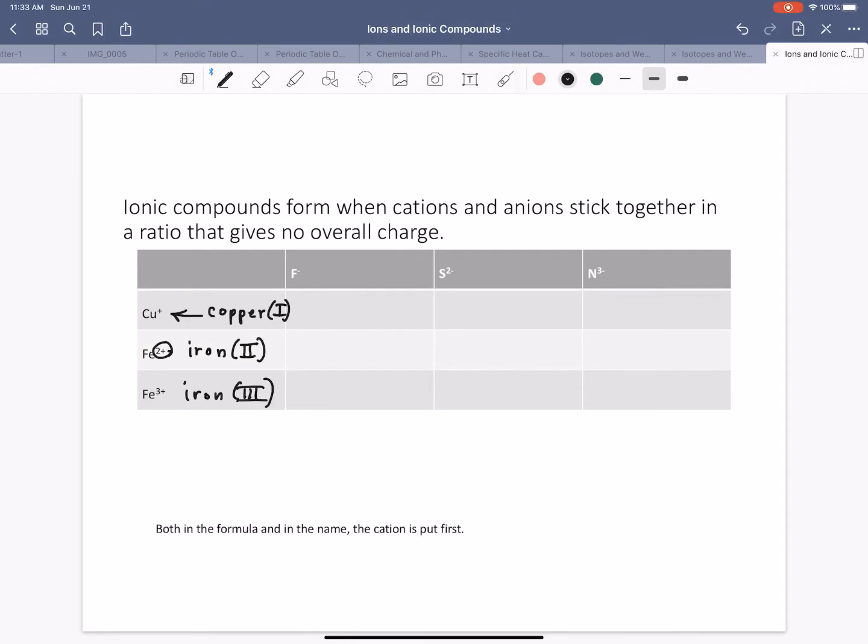But as far as forming the compounds, the formulas for the compounds, the rules are the same. So copper(I) plus fluoride come together in a 1-to-1 ratio. And we call it copper(I) fluoride.